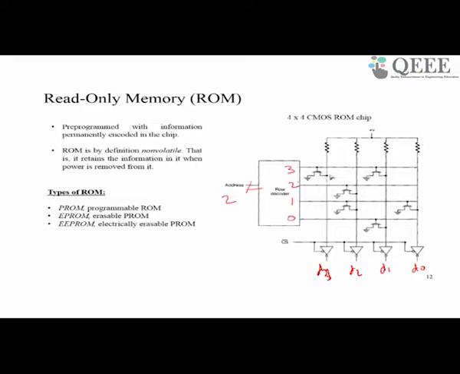For example, let us say the address 3 is being chosen. Then let us see what happens. We have a plus V here, and at each of these cross points there are FET transistors, field effect transistors.